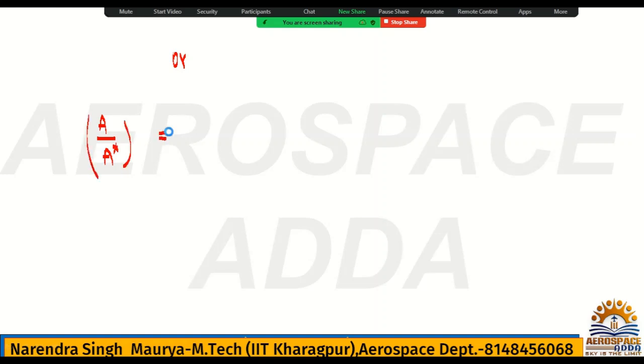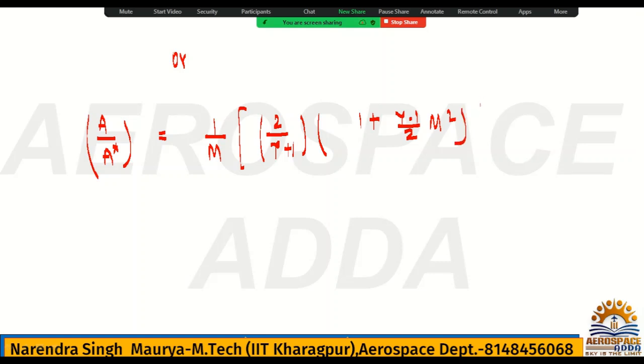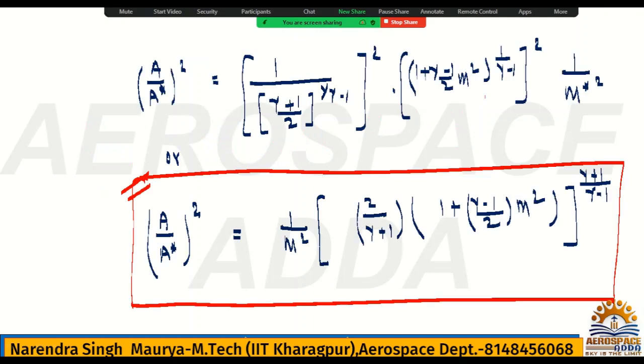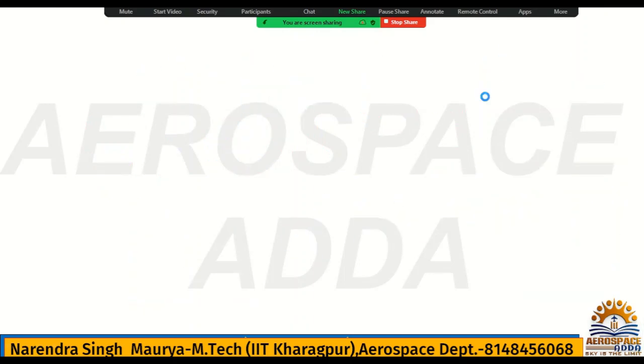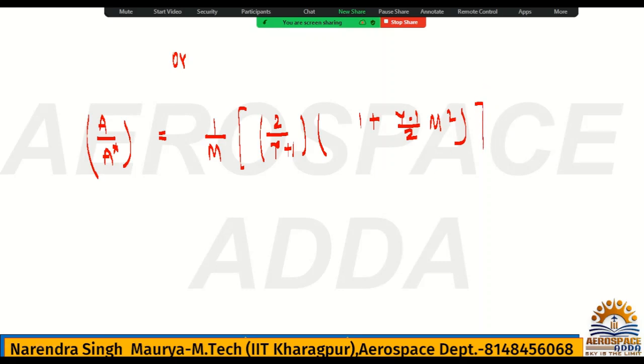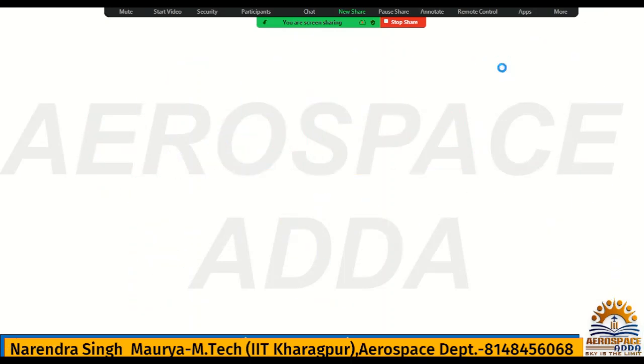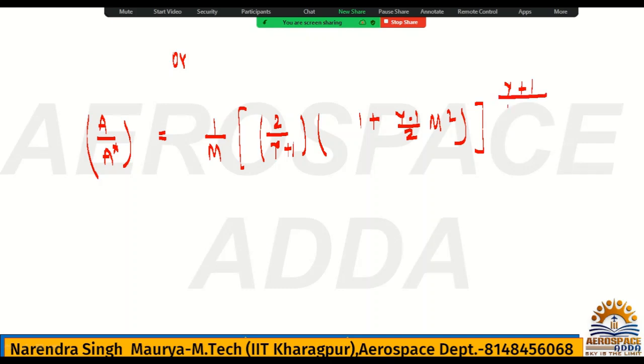Now you can write what is the A by A star, take the root of it, so 1 upon M square will be 1 upon M. Okay, in root it is 2 upon gamma plus 1 in bracket, 1 plus gamma minus 1 by 2 M square, and the whole power, once you solve, will be gamma plus 1 divided by 2 upon gamma minus 1, because you have taken the root of it. Okay, this is the final result you need to remember.